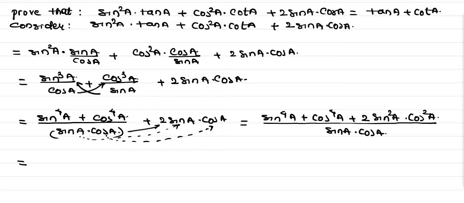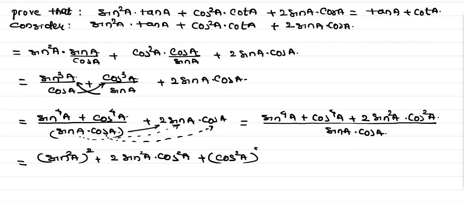Next step can be written as sin 4a, we write it as sin square a bracket square, plus 2 sin square a into cos square a, plus cos 4a, we can write it as cos square a whole bracket square, upon sin a into cos a as it is.